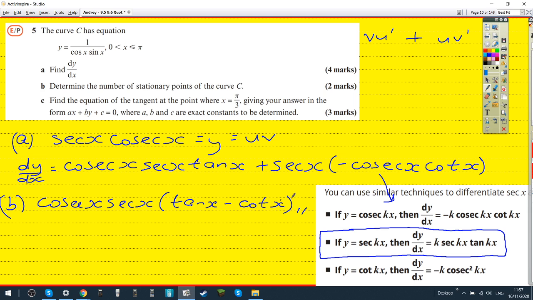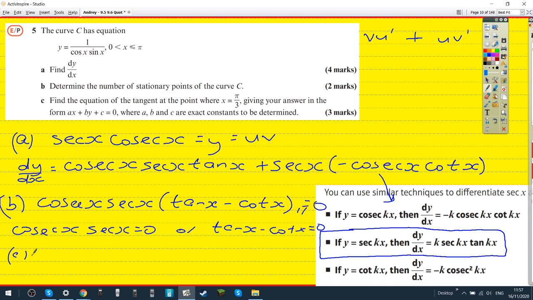Let's say B equals 0. Suppose you could, determine the number of, I think what you could write it as is, so this, we factorize that and it's equal to 0. Yeah. And so I suppose you could write it as cosec x sec x equals 0, or tan x minus cot x equals 0, and put them in separately and do it that way.